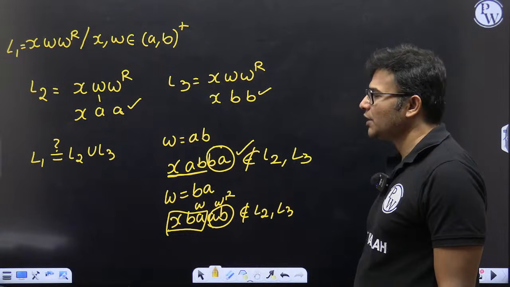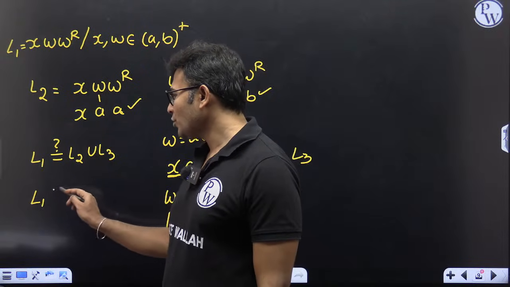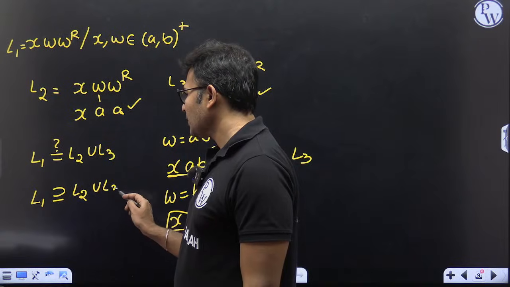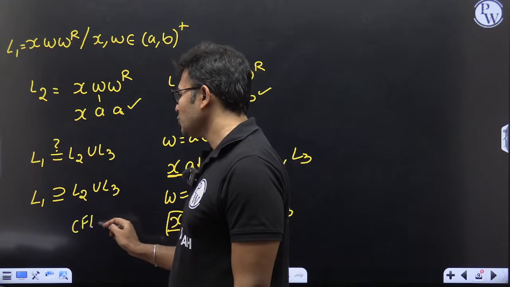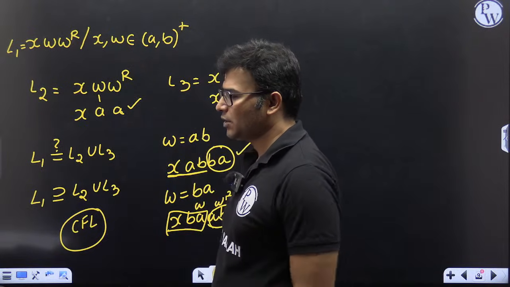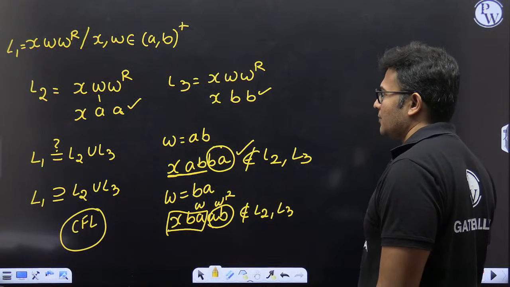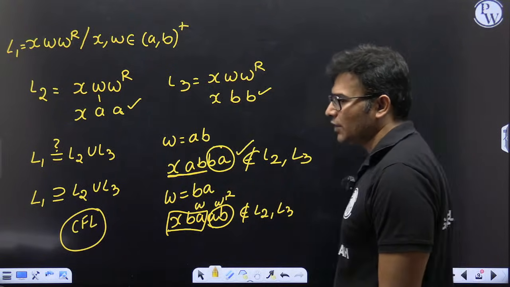So what can we say? We can say that L1 has more strings compared to L2 union L3, and so it cannot be regular. So it is definitely CFL, which we know already. So this is not regular and this is CFL, right?